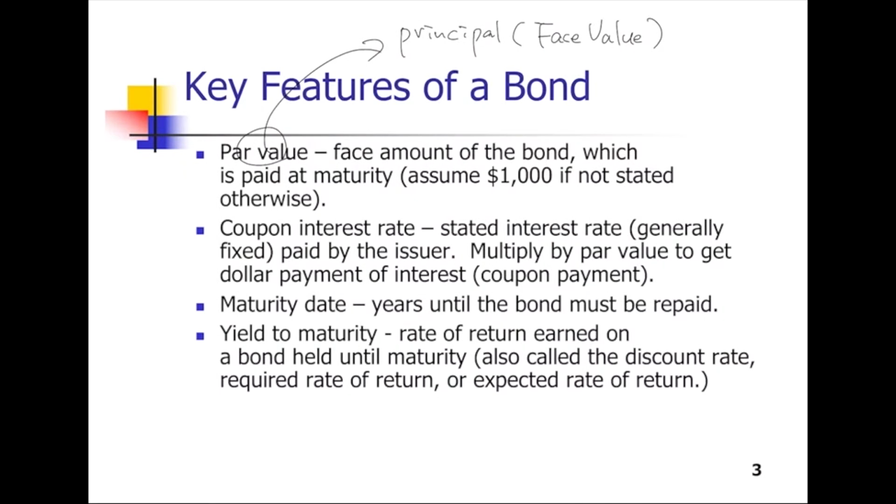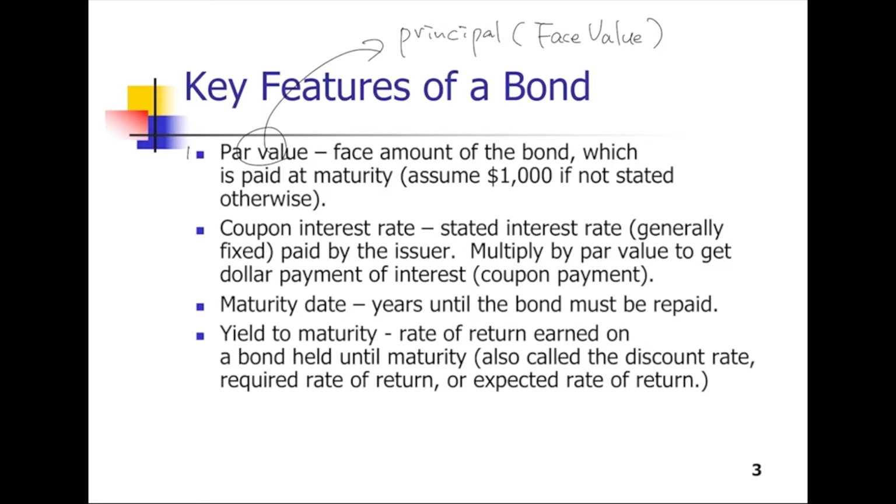So, for example, when there is 1,000 of principal, it means a bond with 1,000 face value, and it also means a 1,000 loan to the issuer. At maturity, the firm should pay back the principal to the investor.